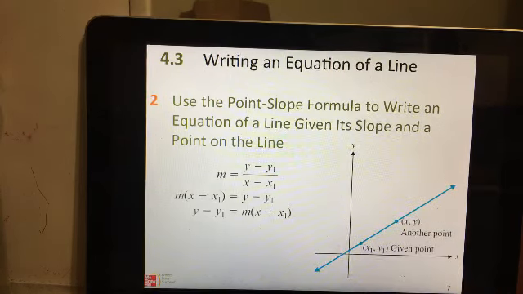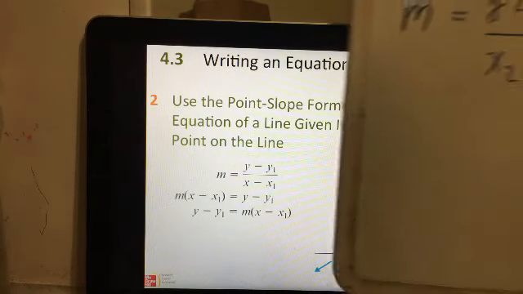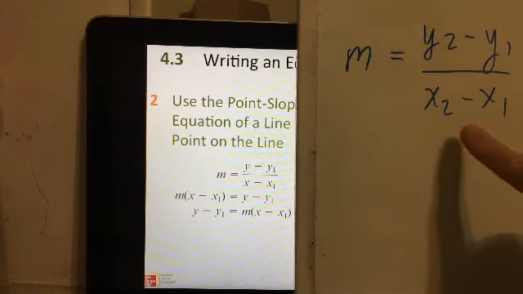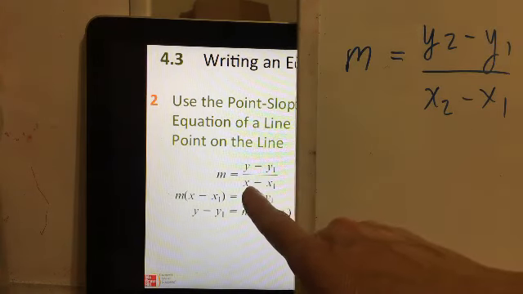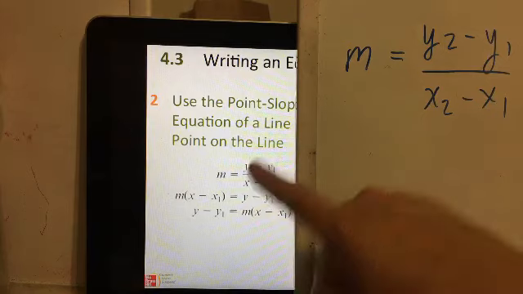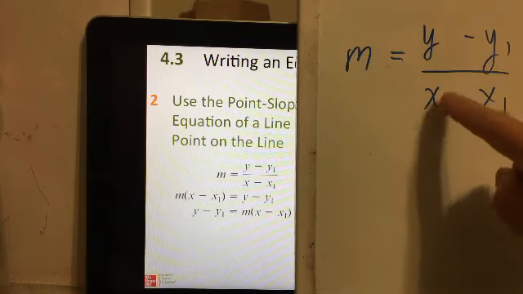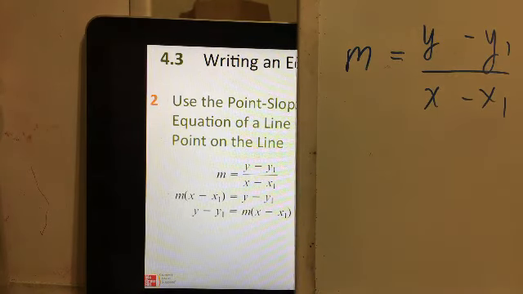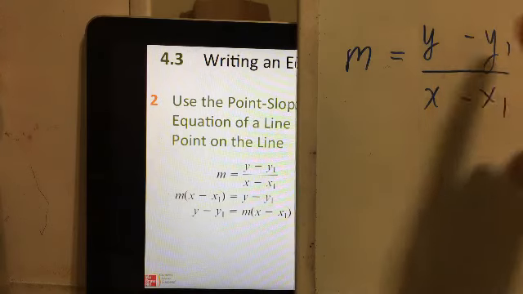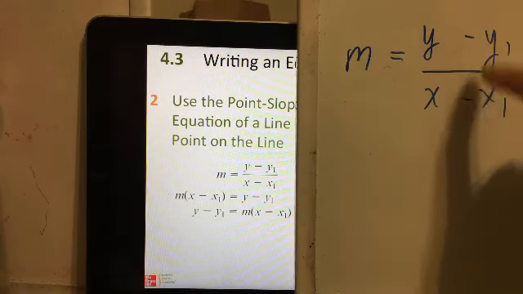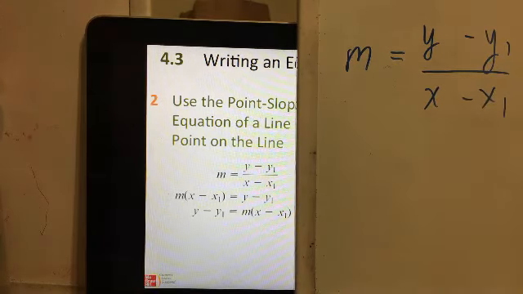So they don't call it x2, y2, they just call it (x, y) for some generic point on the line. So that is the only difference between our given slope formula here and our formula here. They have just taken out the 2's, okay? And now they've said, all right, this is a generic point, and this is the given point on the line.